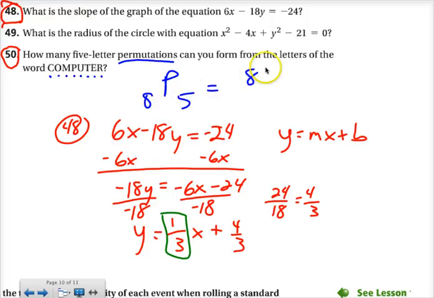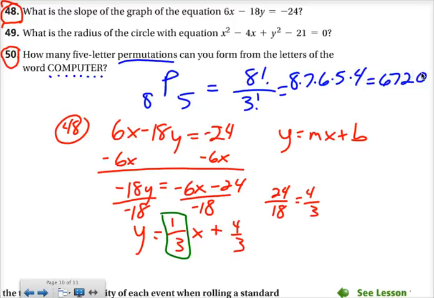So this will be 8 factorial over 3 factorial, which will be 8 times 7 times 6 times 5 times 4, because the 3 factorial piece is just going to cancel out. And that comes out to 6,720 permutations.